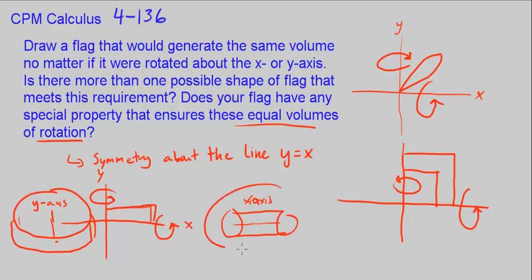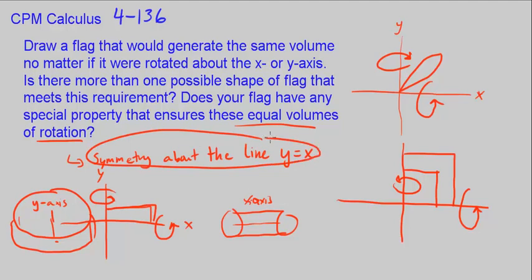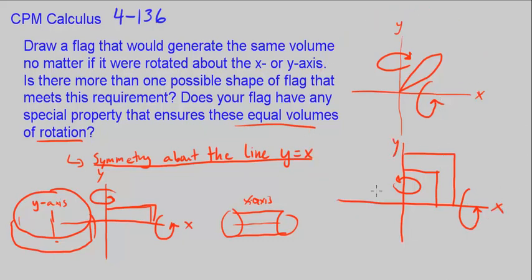Both cylinders would have the same volume. So it doesn't necessarily have to be symmetric about the line y is equal to x, but symmetry about the line y is equal to x, like these two, kind of guarantees that the volume will be the same no matter which axis you rotate the flag around.